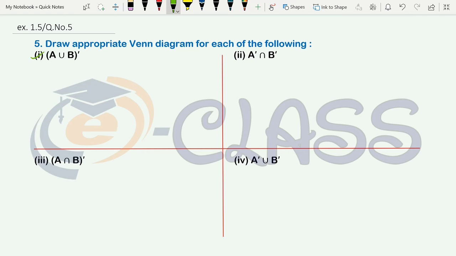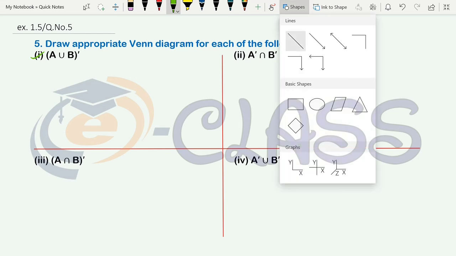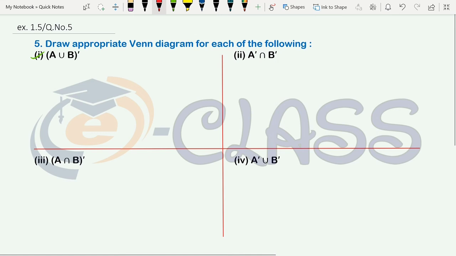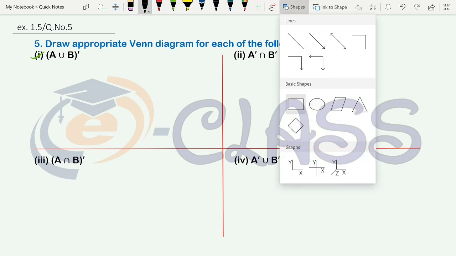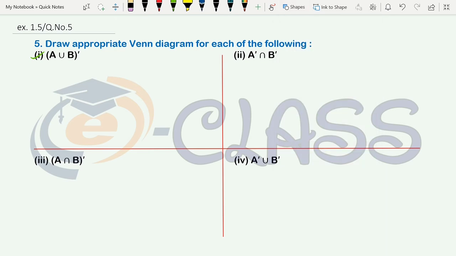First of all we have to draw A union B. If you don't know what a Venn diagram is, please watch my previous videos. For this we first just draw A union B, and for this you have to draw the universal set.